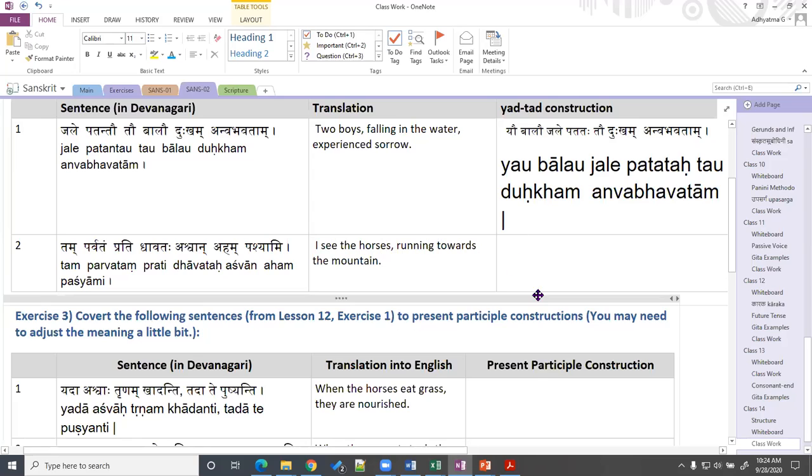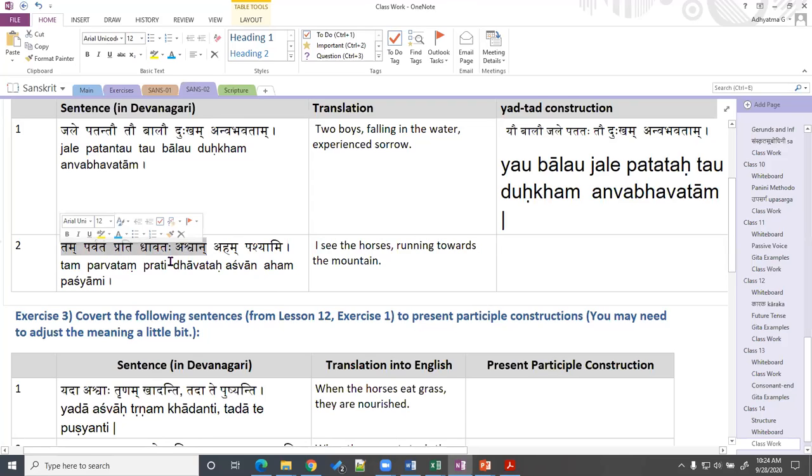And again, if you have to make yattad here, yaha ashwan parvatam prati dhavataha, how will you say it? You will make this a sentence with the verb.